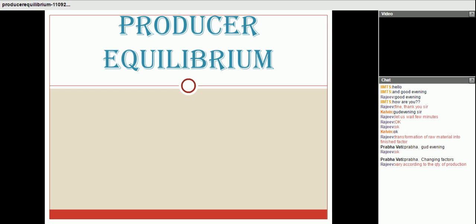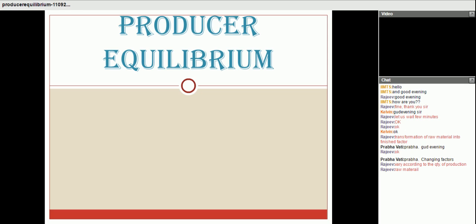Vary according to the quantity of production. Yes, Rajiv, that's correct. And Prabha, that is also right. A variable factor is the factor which keeps on changing, which we can change according to our requirement. We can increase or decrease that factor. So which factor do we consider to be variable?